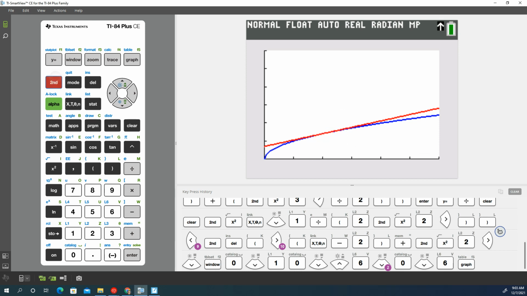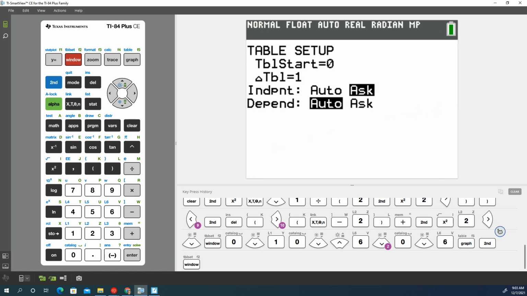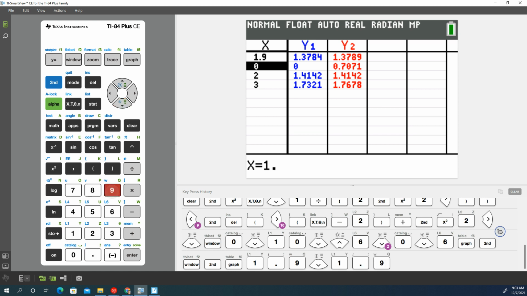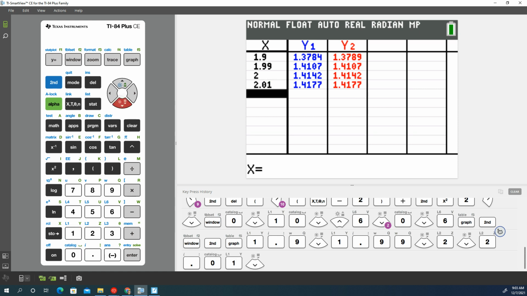Make sure in your table settings you have it set to ask, because we're going to type in our own values. Change it to ask, and then you can go to your table and we can just type these in. We got 1.9 to compare, 1.99, and we have the actual point of tangency, 2, which should obviously be the same at that point, because that's where it touches the curve. Then 2.01 and 2.1.